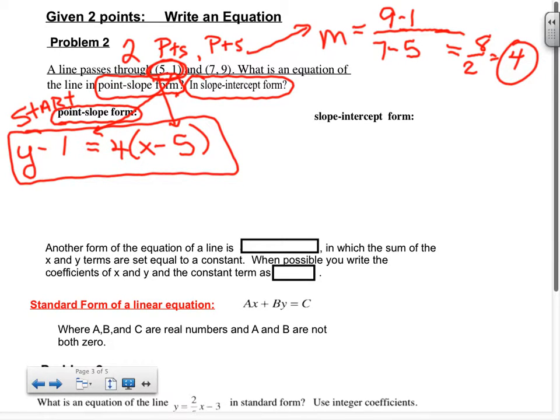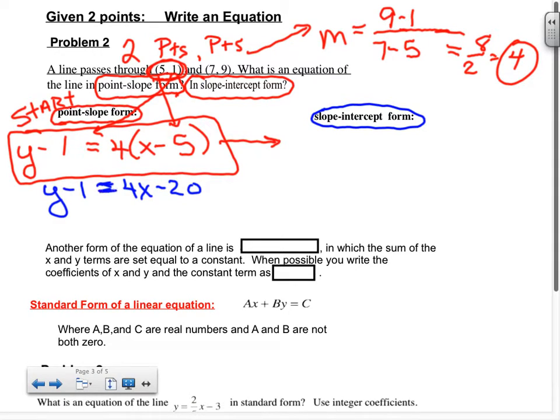But point slope form does you really no good, and especially when you're graphing. You have an equation, you want it in the simplest form. The simplest form is slope-intercept form. So to get it in that form, solve for y. So 4x minus 20 on the right side. Y minus 1 on the left side.